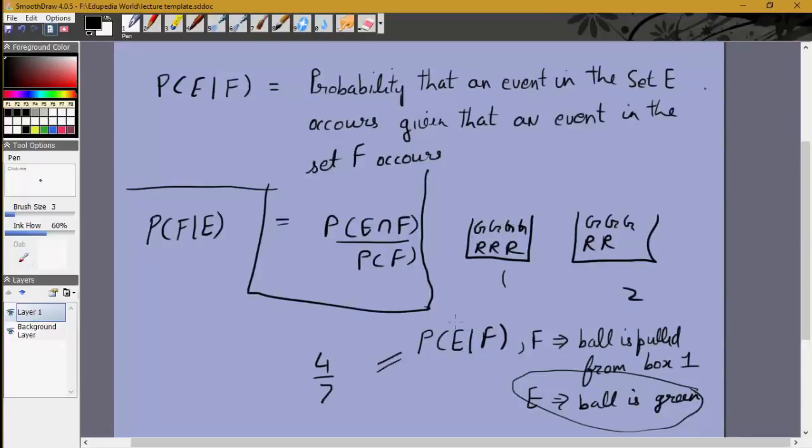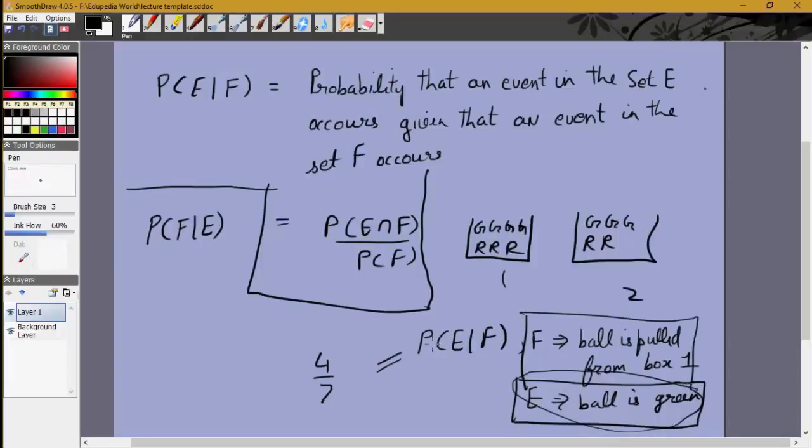Now we can actually calculate the probability of the second condition that the ball is green, 4 by 7. But the inverse case, P(F|E), would mean that we pull one ball at random from either of the two boxes. We are given the condition that the ball is green. Now the green ball could be pulled from either box 1 or box 2. What is the probability that it is pulled from box 1?